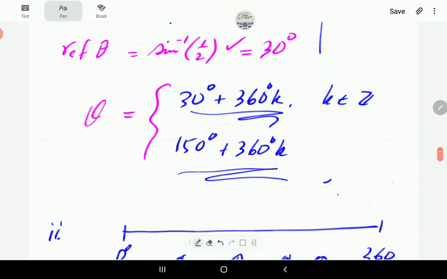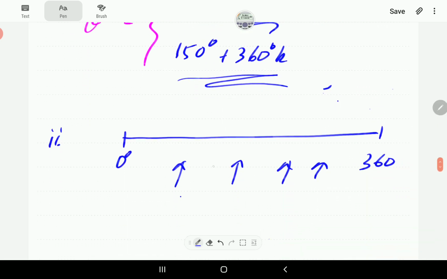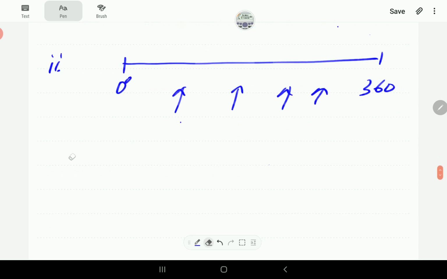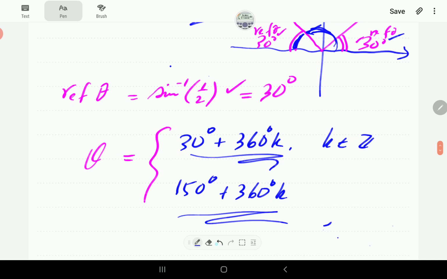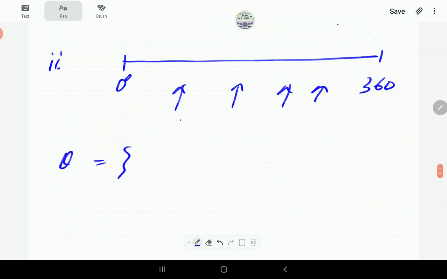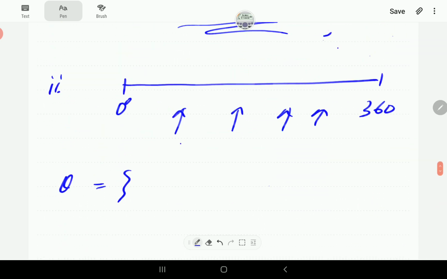Then we're only going to extract values that fall in this interval here. So it is usual to go into that solution and start with k equals 0. So for this one, when k is 0, this is 30, and 30 falls in this interval. So we're going to write 30 degrees here.